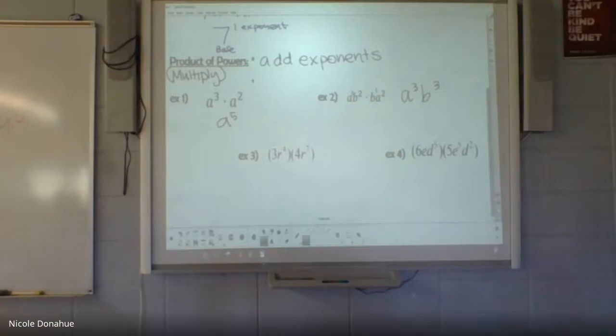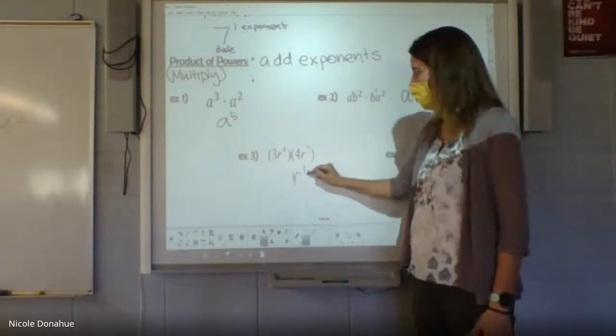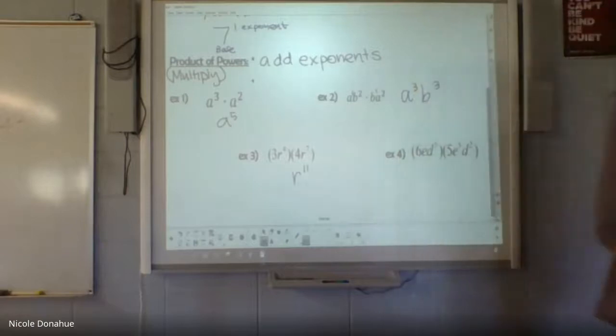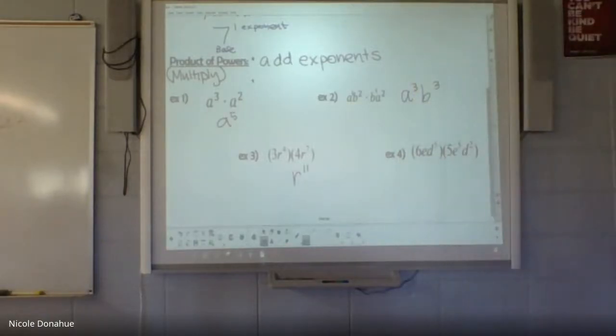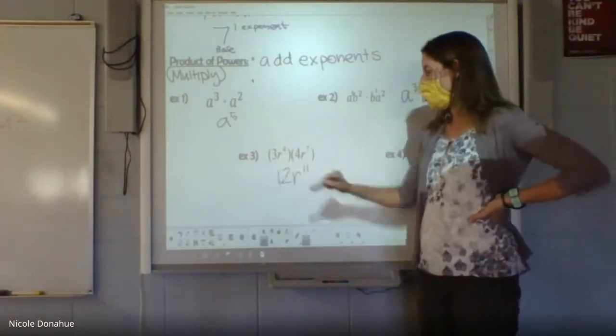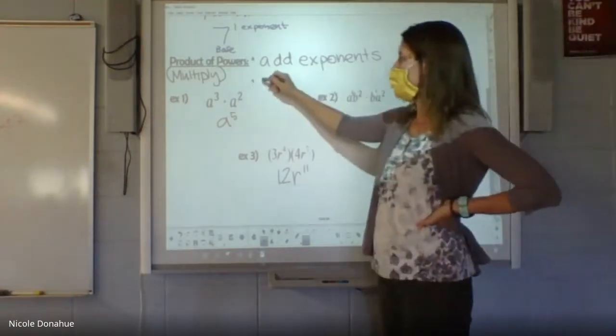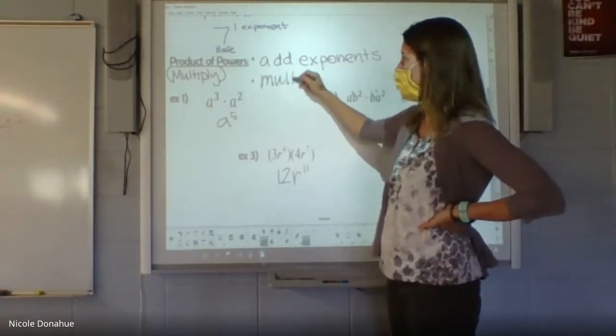R is going to be 11, so you're going to add the exponents for the r's. And then how about the 3 and 4? It's going to be 12. So what did you do with 3 and 4? You multiplied them. So you treat the coefficients like they are normal numbers. We add the exponents, but we multiply the coefficients.